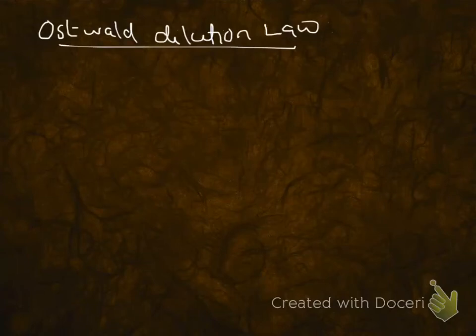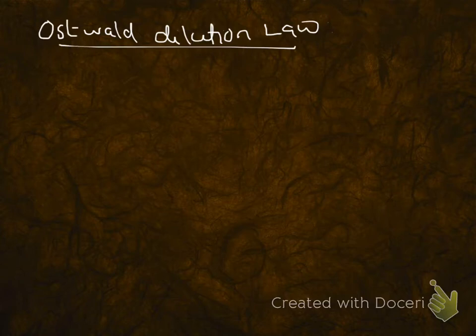Our section of this day is about Ostwald dilution law. According to Arrhenius' theory of electrolytic dissociation, electrolytes in aqueous solution generally undergo partial dissociation and finally establish an equilibrium between dissociated molecules and undissociated molecules.